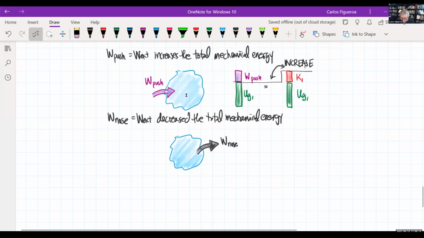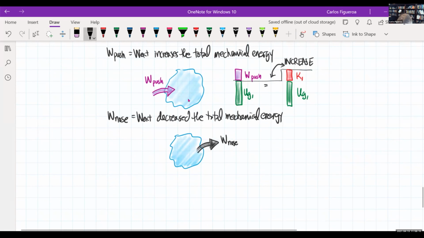On the other hand, when we came back here to the nose, this was the potential energy at that point. And if you look at the kinetic energy at that point, it looked like this. So now, what did the work of the nose do here?